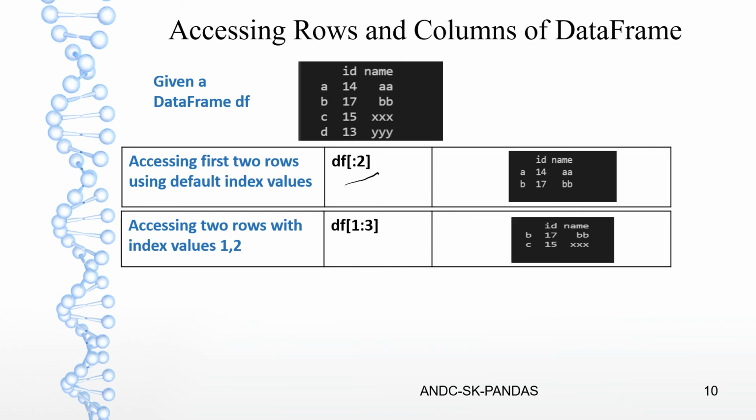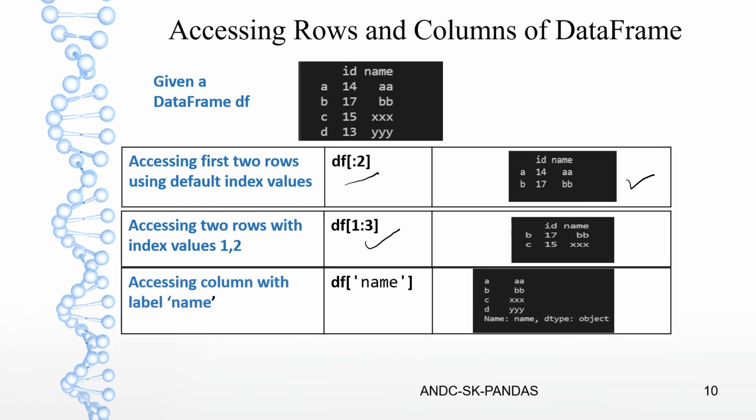So rows 0 and 1 will be displayed. It is not necessary that you always use content from the first row. You can use content from in between rows. For that you specify the appropriate indexes using the slice operator. So df[1:3] means you want to access the rows with default index 1 and default index 2.